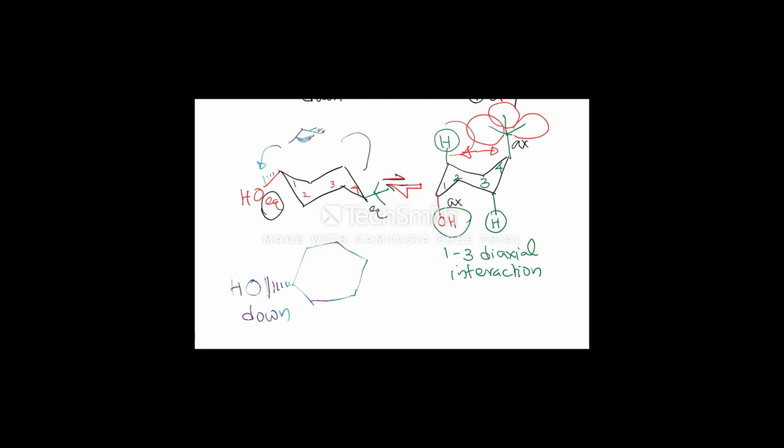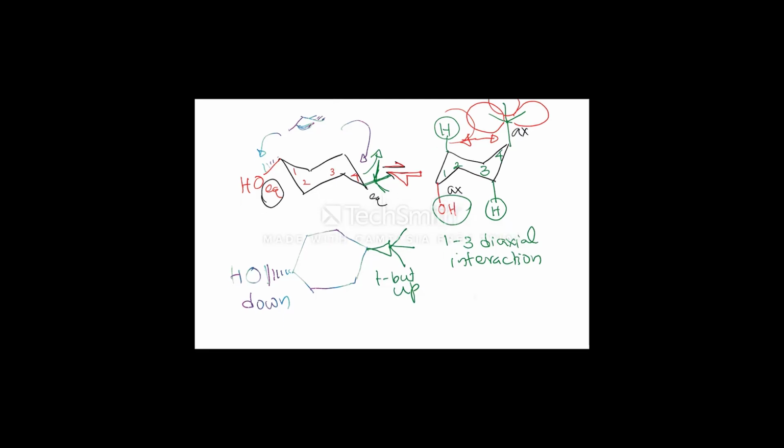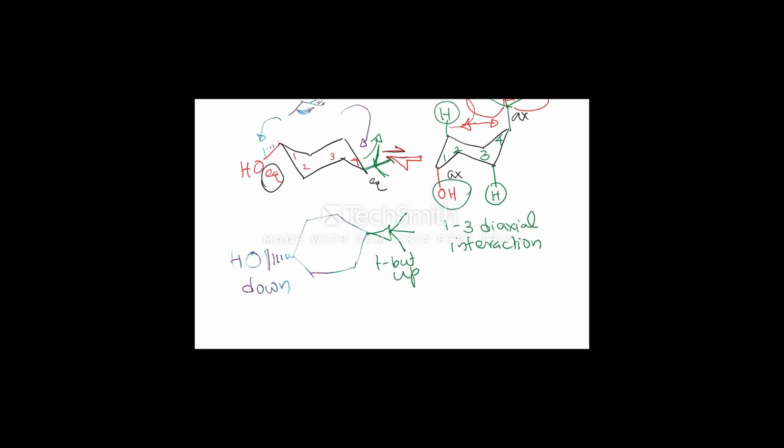And from your eye, the tert-butyl group, like a flag, is coming towards your eye, so you see it looking up. That should be a solid wedge. That's how you draw it in a line diagram. So interconvert the chair conformation to the line diagram back and forth, okay?